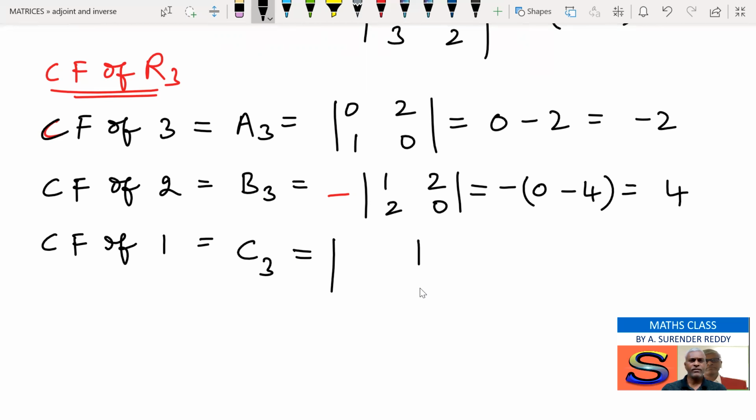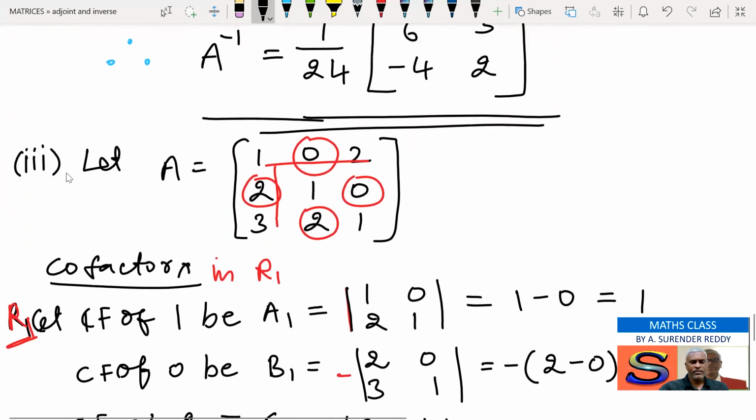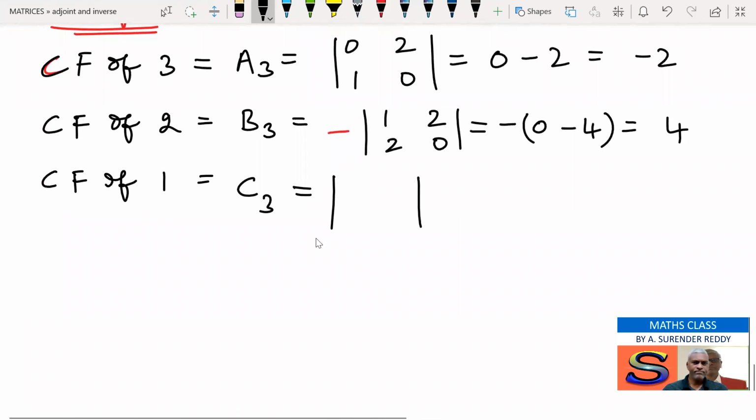Take the remaining 4 elements after excluding the row and column in which the element lies. ఆ ఎలిమెంట్ ఉన్నటువంటి రో కాలం వదిలిపెట్టి మిగిలిన 4 మూలకాలం తీసుకోవాలి. ఏమున్నాయి? 1 0, 2 1. 1 into 1 minus 2 into 0, that is 1.